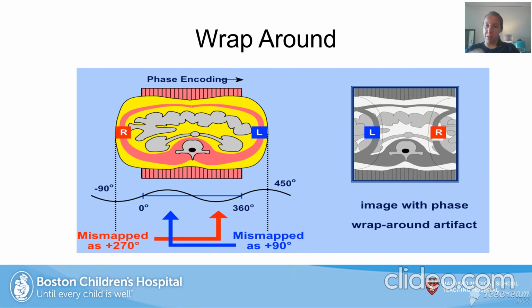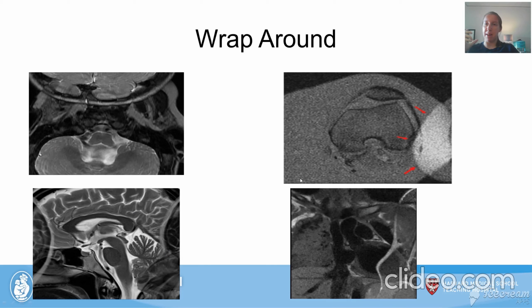The one thing you want to keep in mind is what you are looking for in the image. Here, this is an image of the brain, and you can see how the back of the brain has mapped to the front. If you're trying to look at this part of the image, you'll be okay. If there's something you want to see at the front, like the nose, you might have an issue.